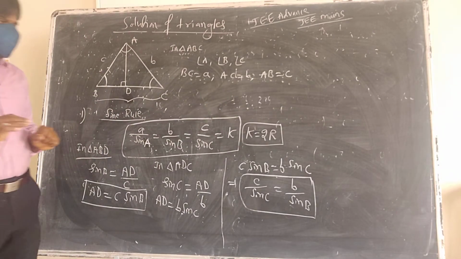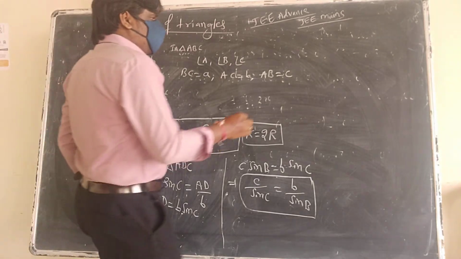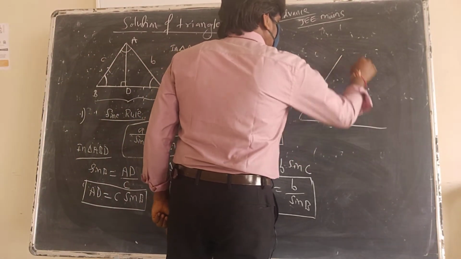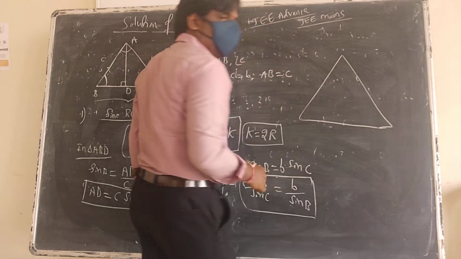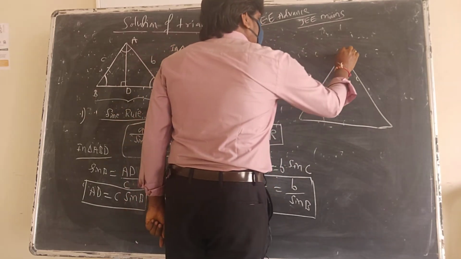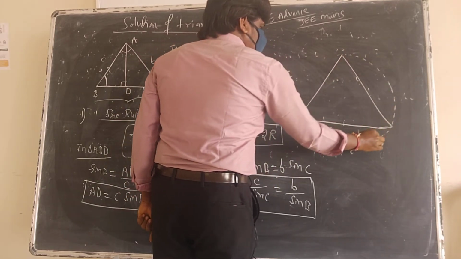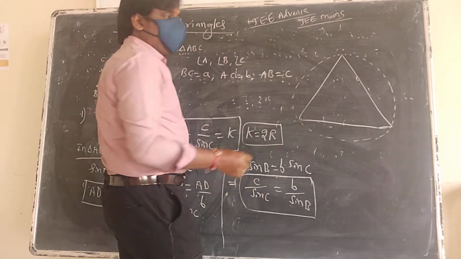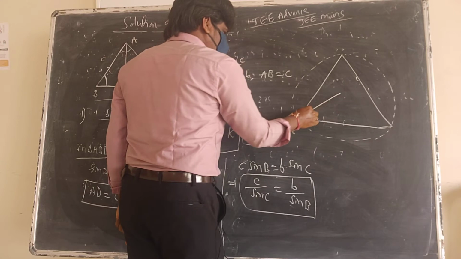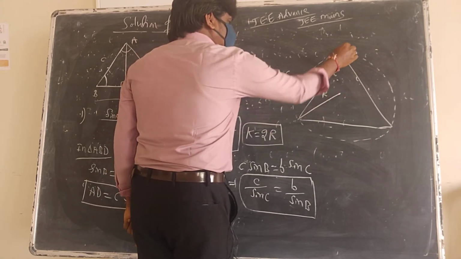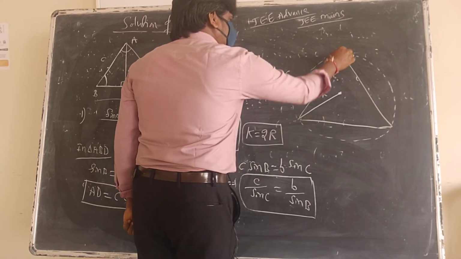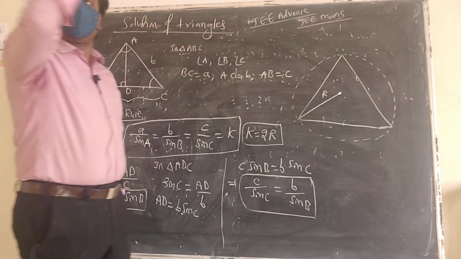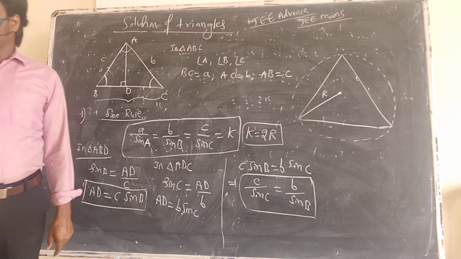Suppose you have a triangle, and this is called a circumscribed circle. Then this is called radius R. So this is the triangle, and capital R is nothing but the radius of the circle.